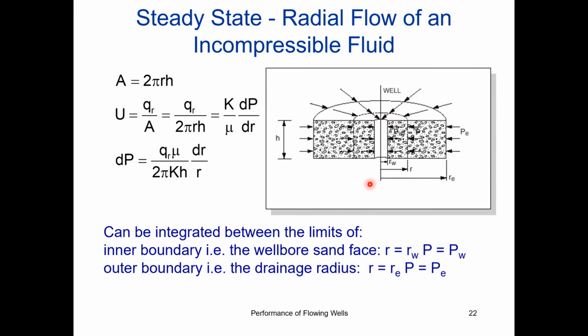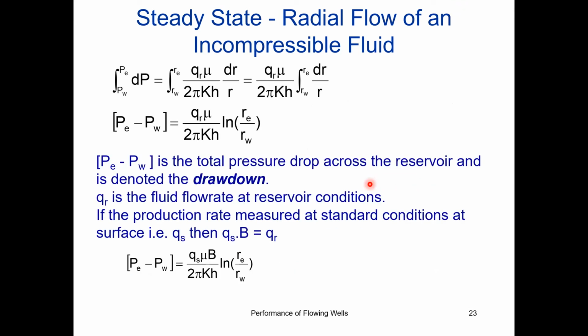We can integrate it. Now, if we do integration for an incompressible fluid, the flow rate doesn't change because it's incompressible. Viscosity doesn't change, so we can take it out of the integral. K doesn't change. Height of the reservoir doesn't change.